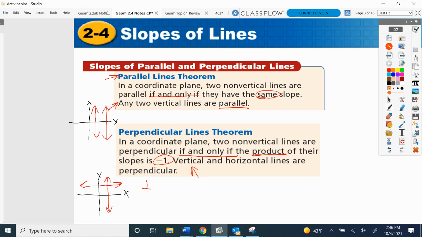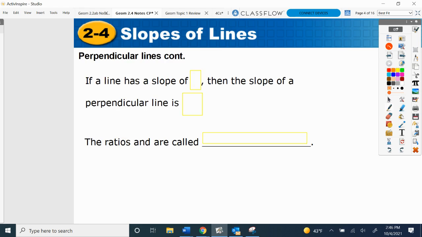Let's take a look at these perpendicular lines a little more, and the product of their slopes being -1. Let's say the slope of one of our lines is expressed as a fraction, a over b. Then the slope of a line perpendicular to this one would be negative b over a.